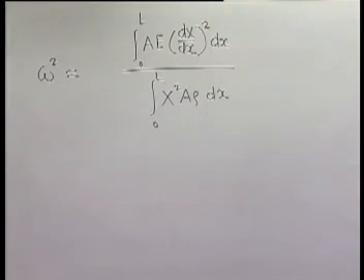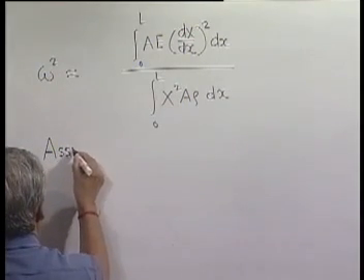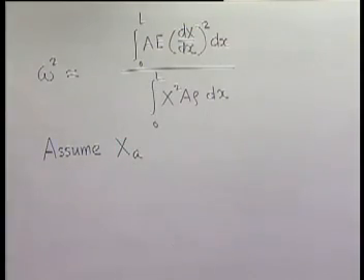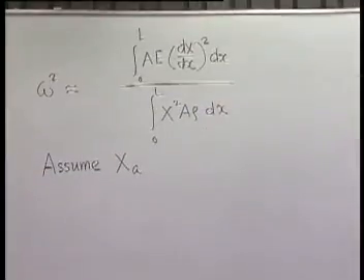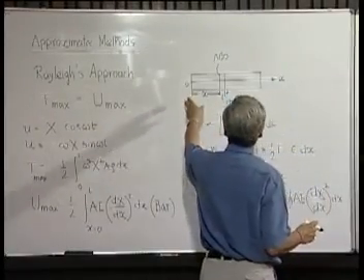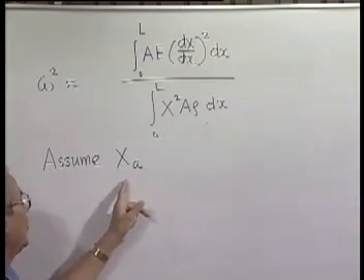So this is valid exactly, but in reality, in an approximate method, this x is not known. So what we do is assume some mode shape. If we assume a mode shape and substitute it there, we get reasonably accurate values of omega. Only thing, it is better to satisfy as many conditions on x as actually it has to satisfy.